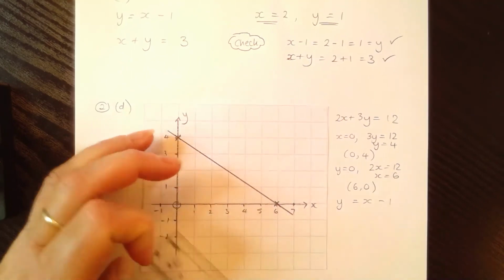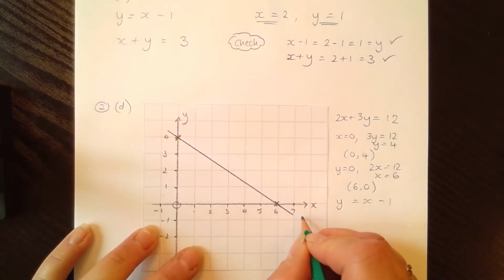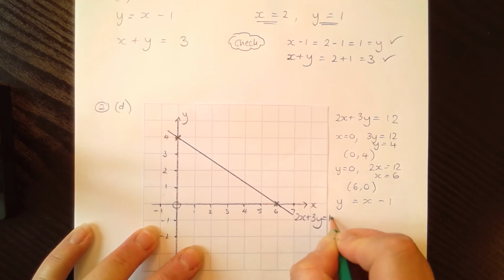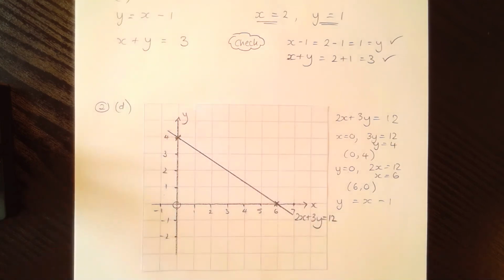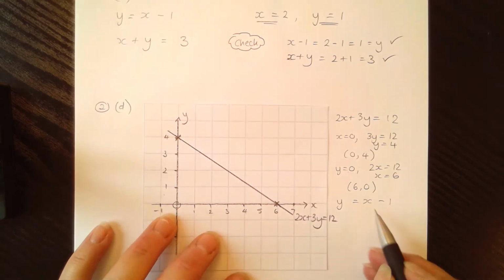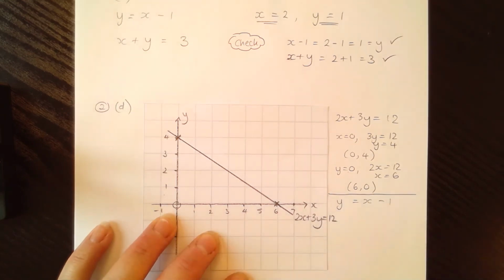And that's my line, 2x plus 3y equals 12. And my second one, y is equal to x minus 1.